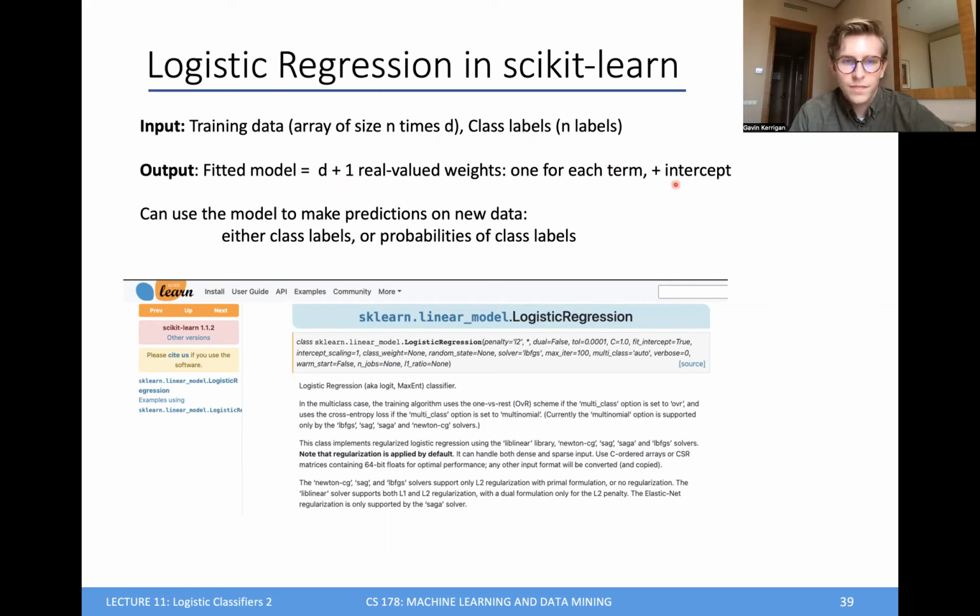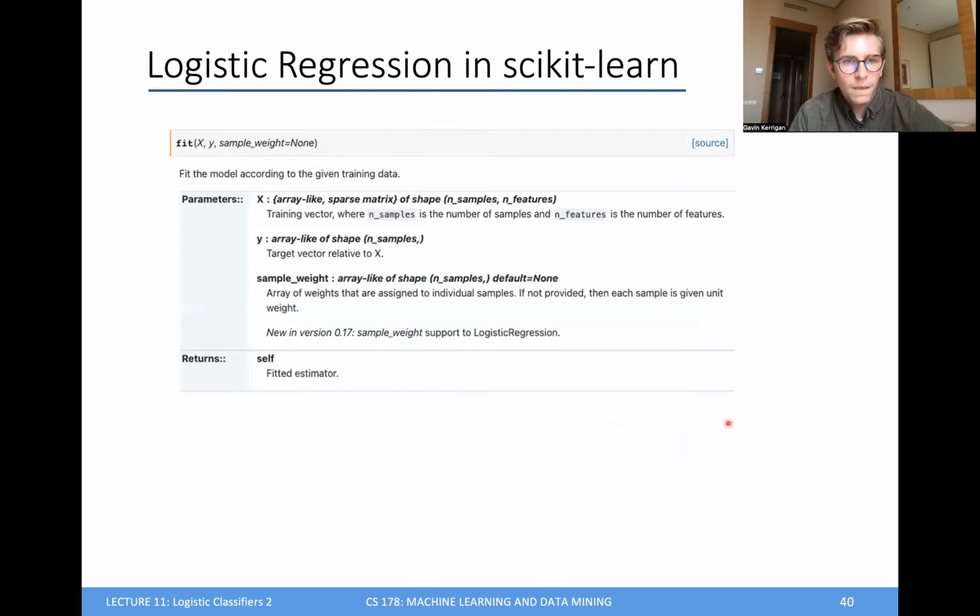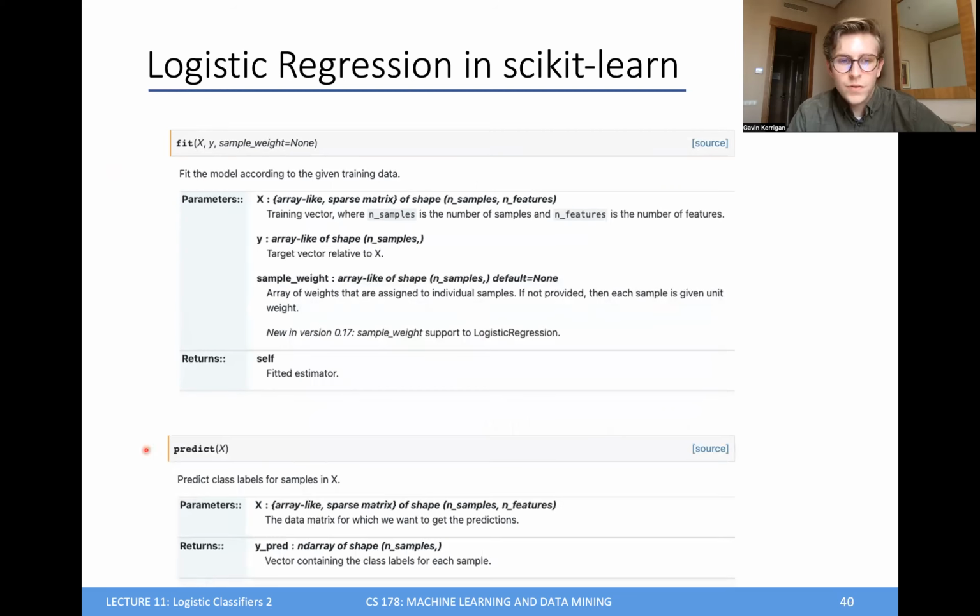So here's the doc page for scikit-learn. Definitely make sure you go ahead and read that. Make sure you understand how to actually use this. I will point out that with most scikit-learn models, you can fit these models using the .fit function, where you pass in your training data as X and the corresponding training labels as Y. There's also the predict function, which is going to make hard decisions from the model.